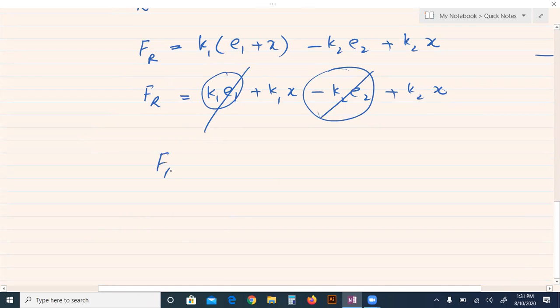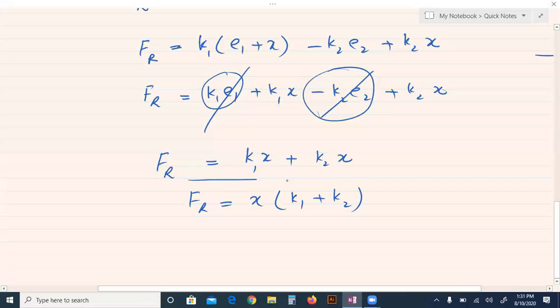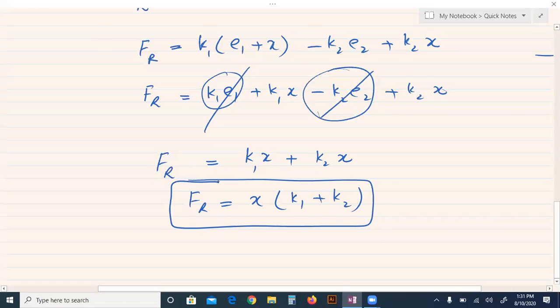Hence, the resultant force is K1 X plus K2 X, with X common, (K1 plus K2) X. This is the resultant force when the trolley is released.